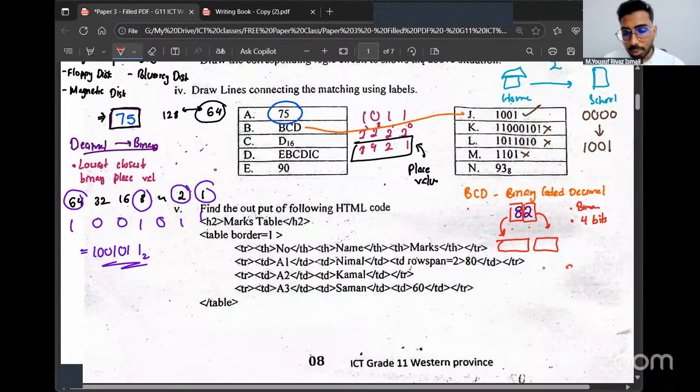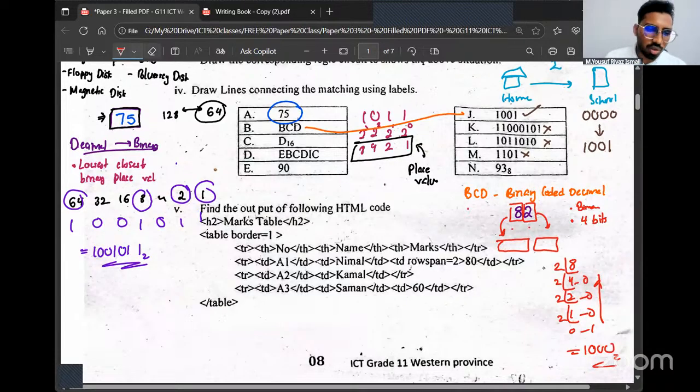To represent 8 in binary, you could just convert 8 from decimal to binary. 2 times 4 is 8, 0 remains. 2 times 2 is 4, 0 remains. 2 times 1 is 2, 0 remains. 2 times 0 is 0, 1 remains. So 8 means 1000.